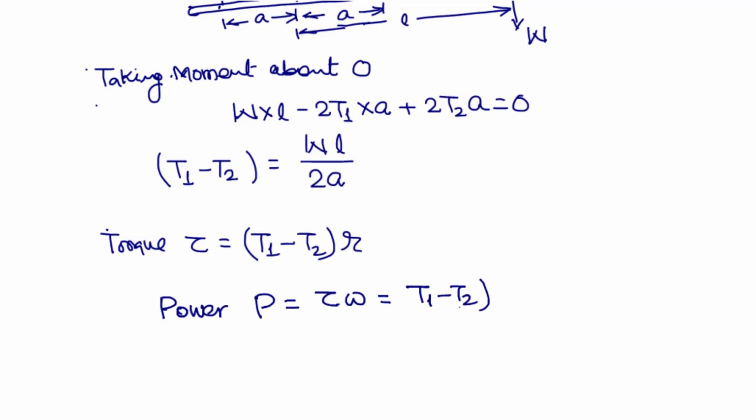P equals (T1 minus T2) into R into 2 pi N upon 60.